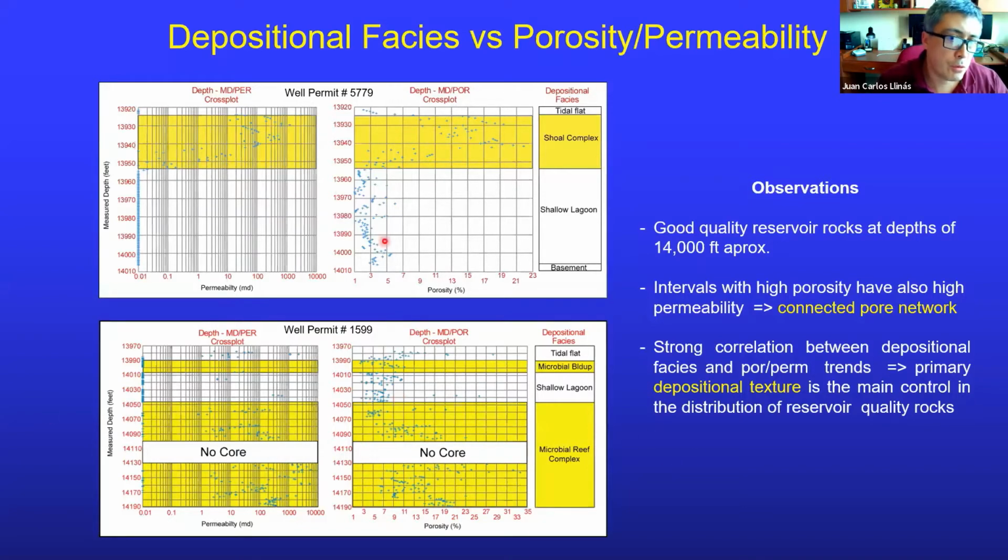Also, the strong correlation that exists between the good porosity values and the good permeability numbers is telling us that the depositional texture still has the main control on the distribution of the reservoir quality.